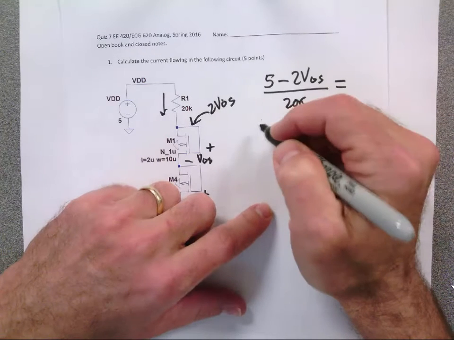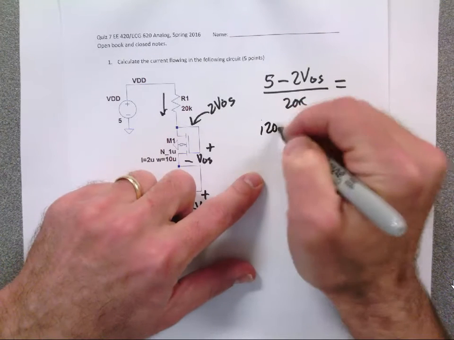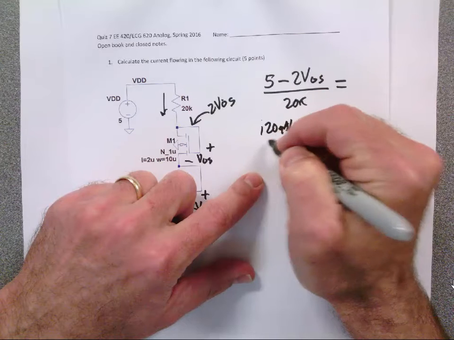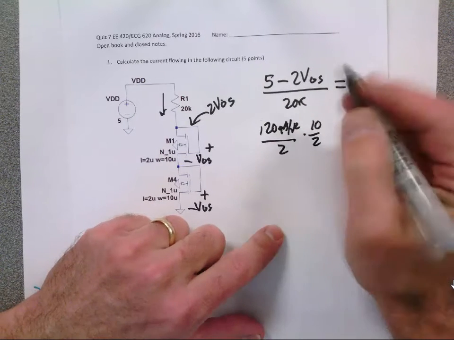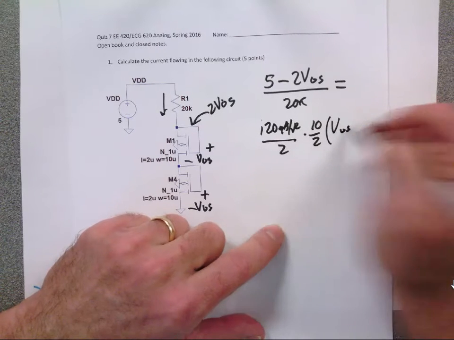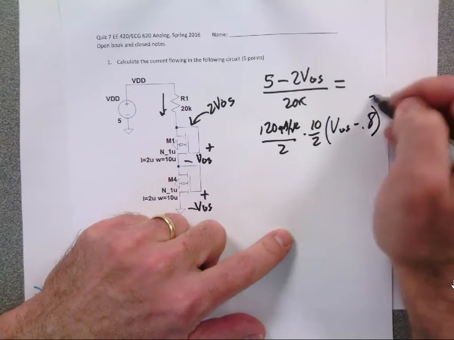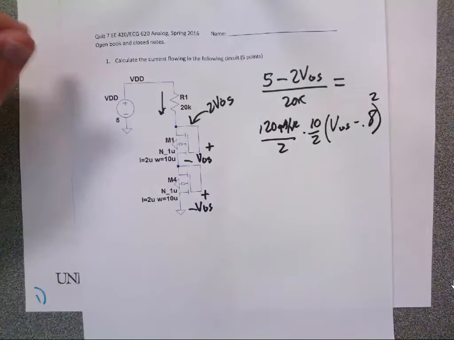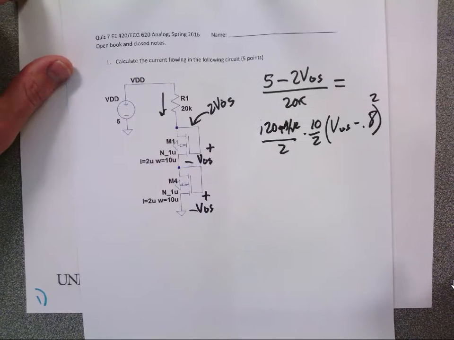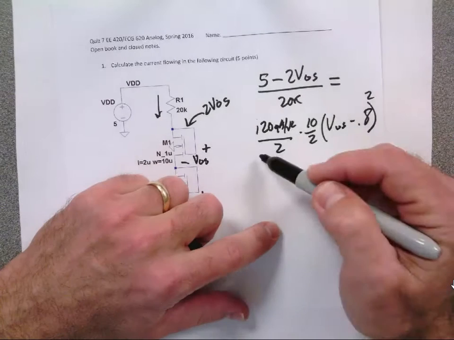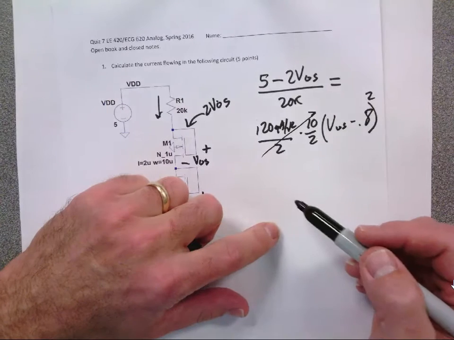Save time. 120 microamps per volt squared over 2 times 10 over 2 times VGS minus 0.8 squared. Would everybody be okay if I wrote this as 300 micro?